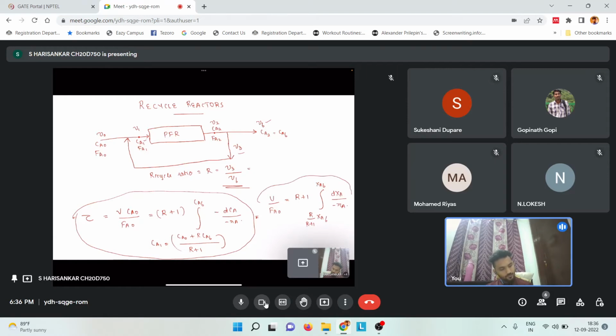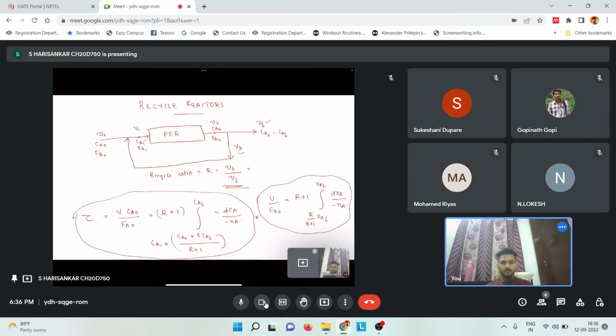So this is also a form of the design equation that we can derive for a recycled PFR reactor by using material balances. Okay, so just take a note of this formula, and again, I would suggest you try to work out the material balance and see how we can derive this formula for a recycled reactor.